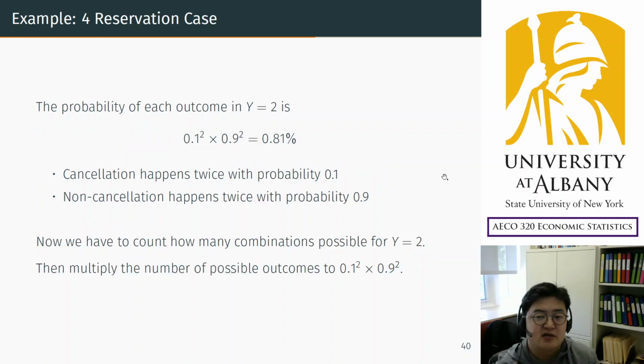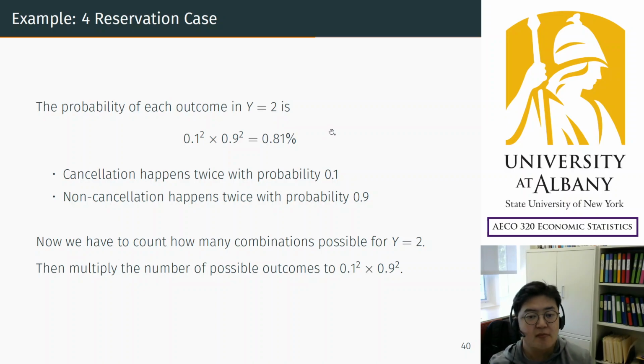Okay, first part is clear. If you imagine a single outcome where 2 reservations are canceled and the other 2 are not, you can calculate the probability this way. Success, cancellation, happens twice, and failure happens twice. As a result, the probability is 0.81%.